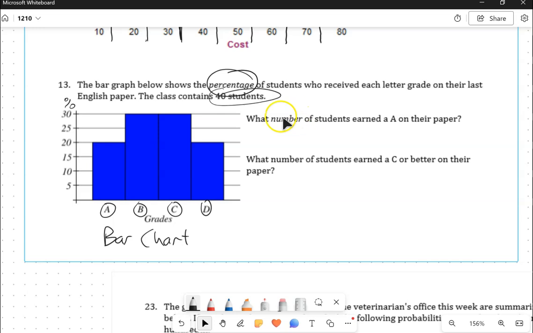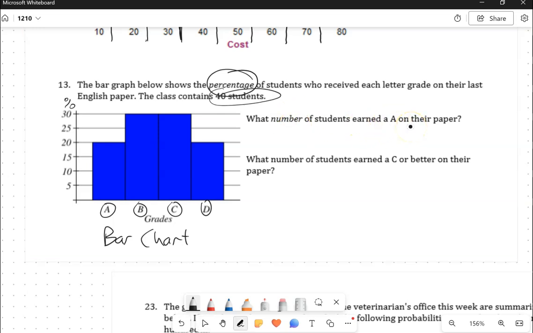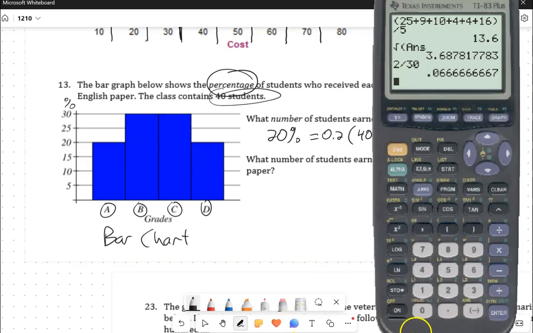What number of students earned an A? An A on their paper, 20%, but that's not a number. 20% of the students we have to work out.